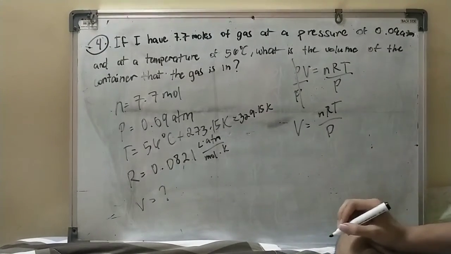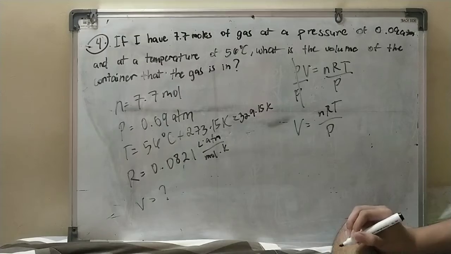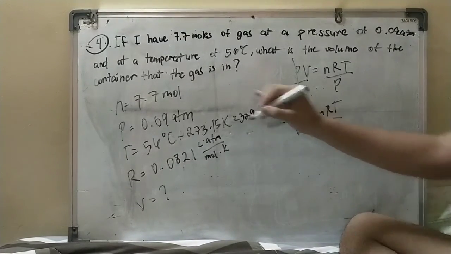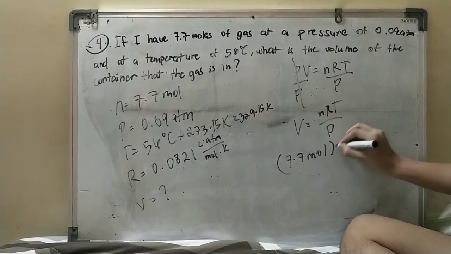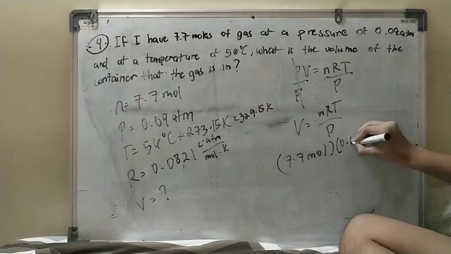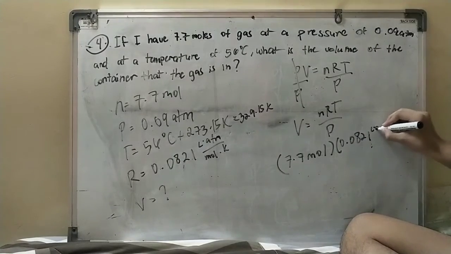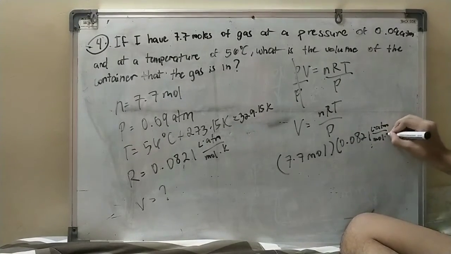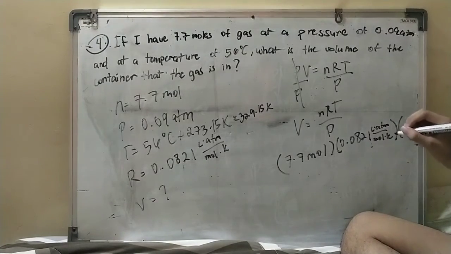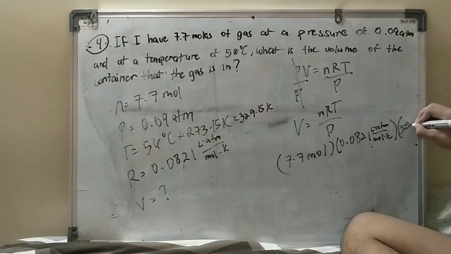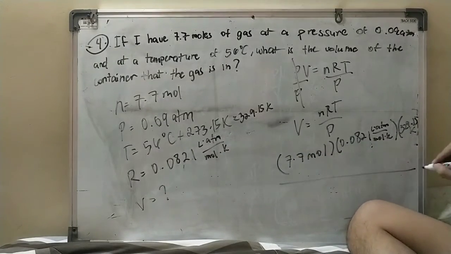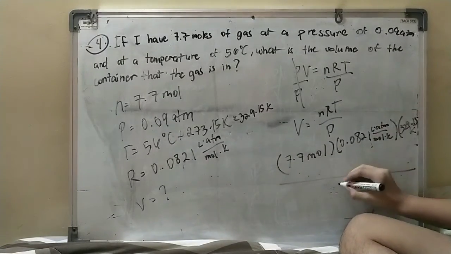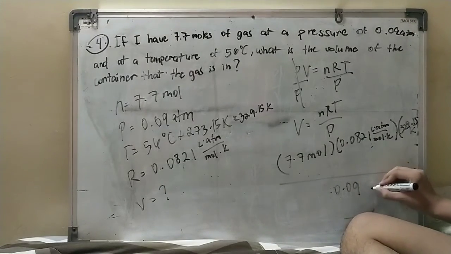Now, again, let's replace the values in the formula. So N is equal to 7.7 moles. Our R being 0.0821 liters times atmosphere over moles times Kelvin. And our temperature being 329.15 Kelvin over our P being 0.09 atmosphere.